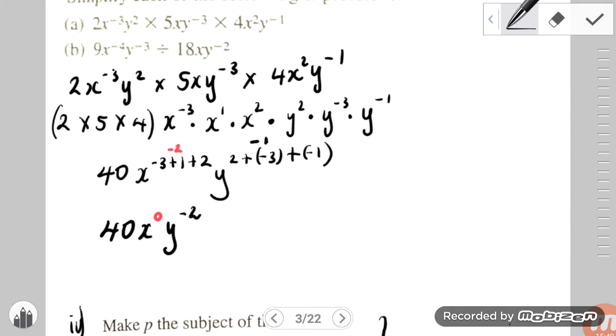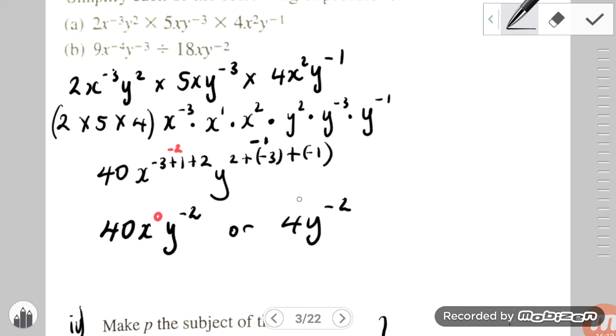Okay. Now you can leave the answer like this, or you could simply say the answer is just 40y to the minus 2. You must be wondering what happened to the x to the 0. Well, according to the law of indices, any term raised to the power of 0 is equal to 1.